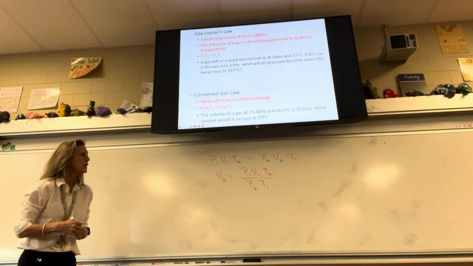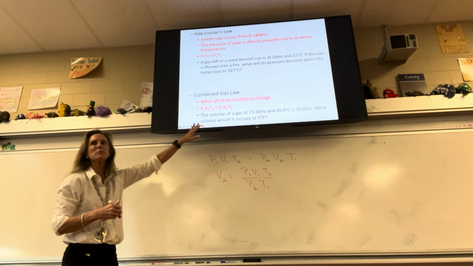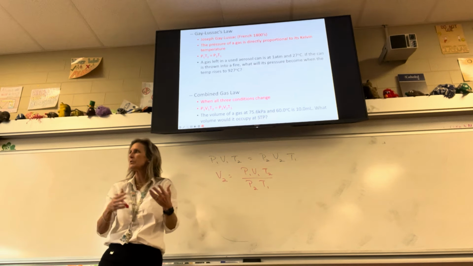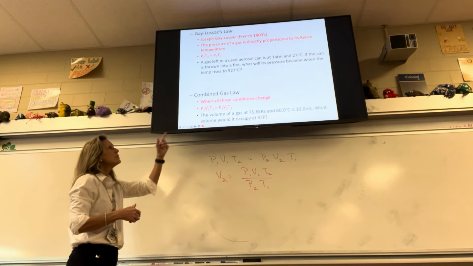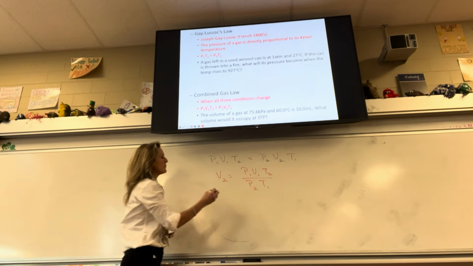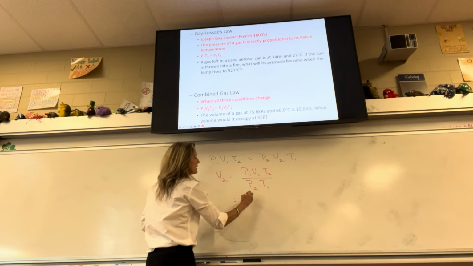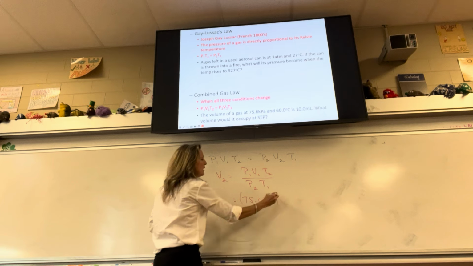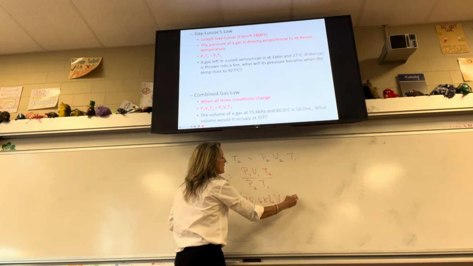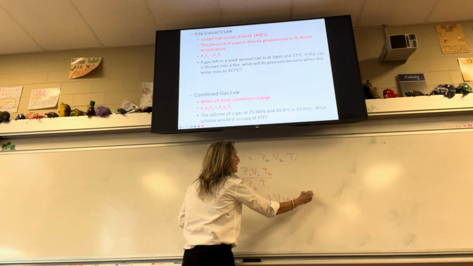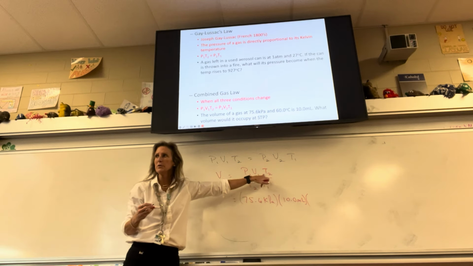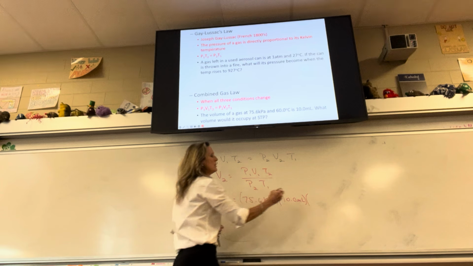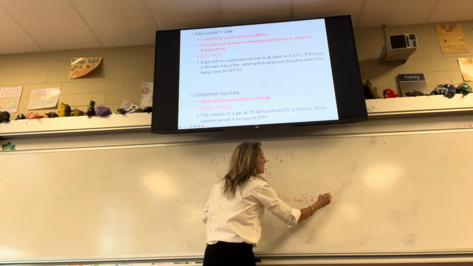Okay, so plugging in, and this is where you may want to label to help you keep straight which are 1s and which are 2s. So our original pressure is 75.6 kPa. Our original volume is 10 milliliters. And then our T2, our new temperature, is standard temperature, which again is 273 Kelvin.